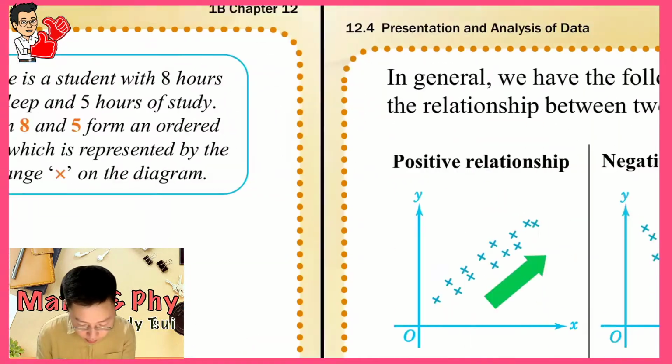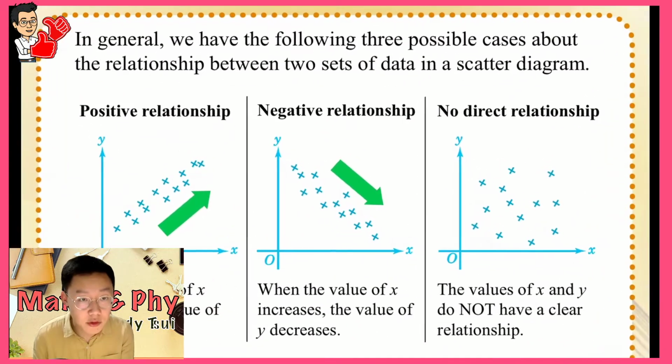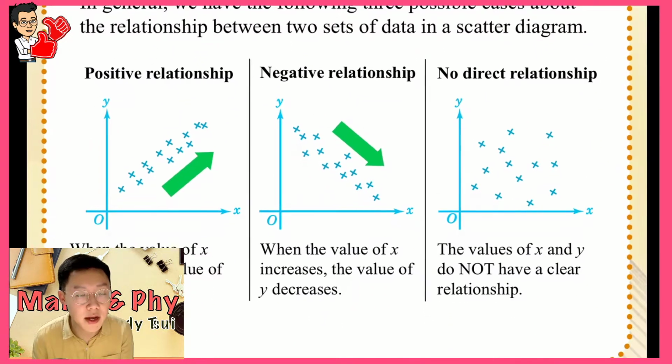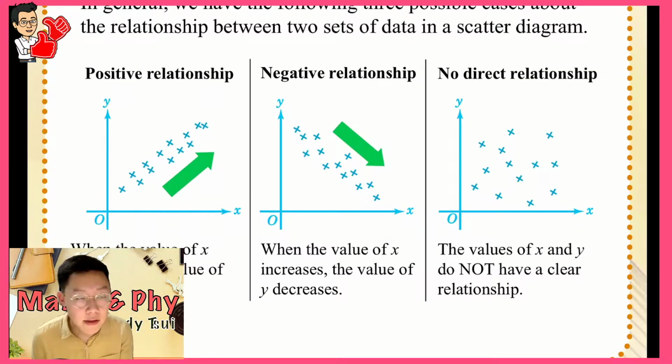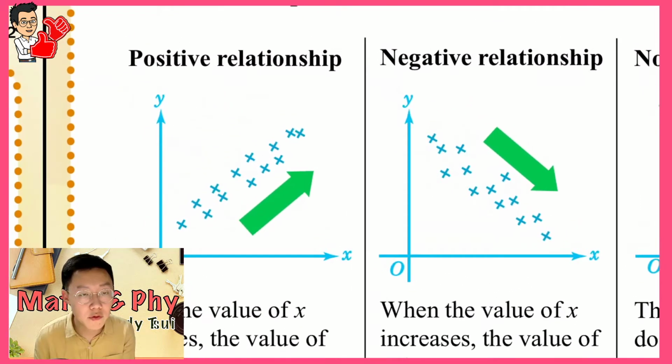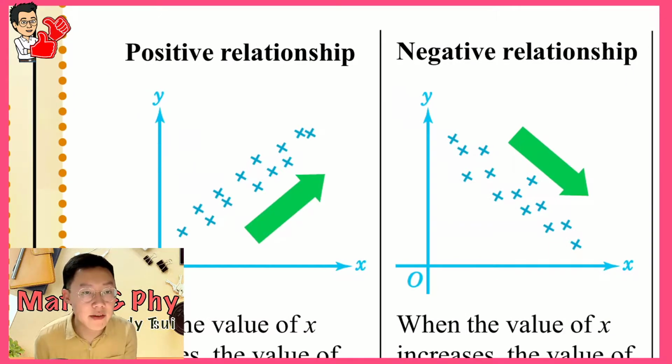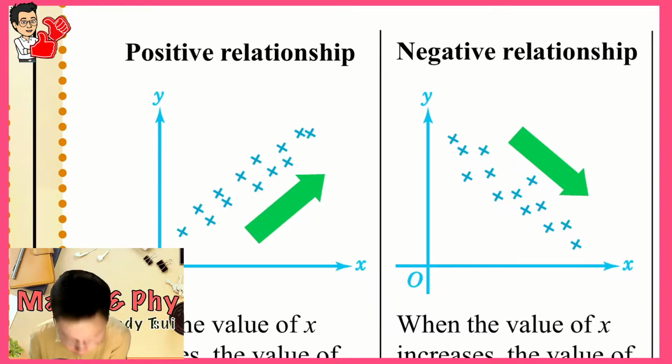Now I want to show you these 3 types of scatter diagram. First of all, look at this one. This one is the positive relationship. I can give you one example.